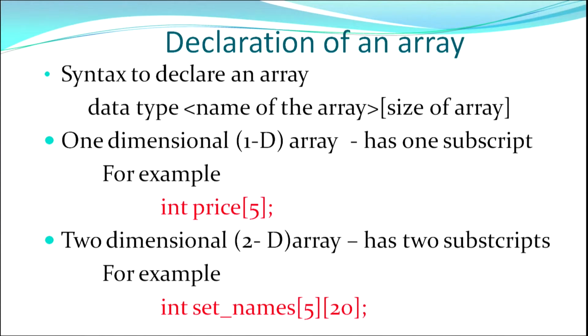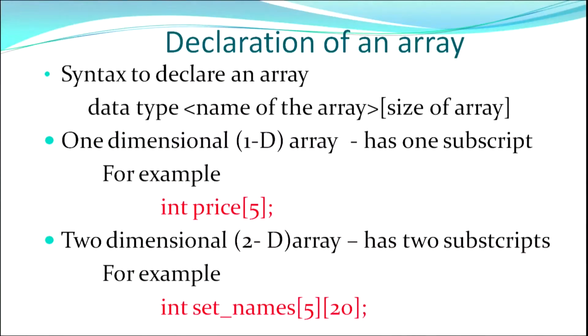So, the syntax goes as we specify the data type, which can be any data type, an integer, character, float, double, long int, any of the data types that you have learned before. Then we specify the name of the array and then the size of the array. Here size of the array means the number of elements that I want my array to contain.